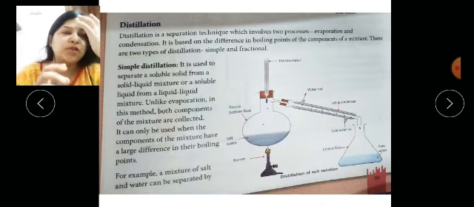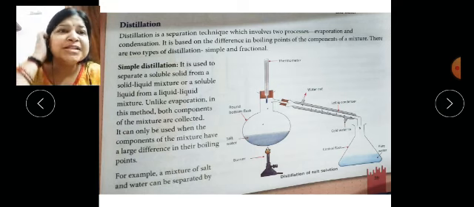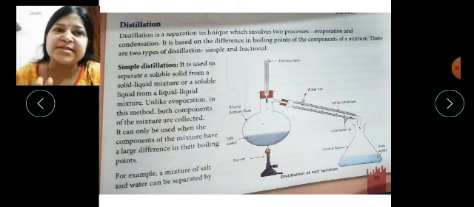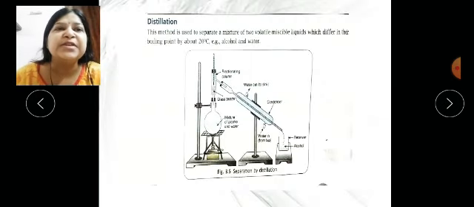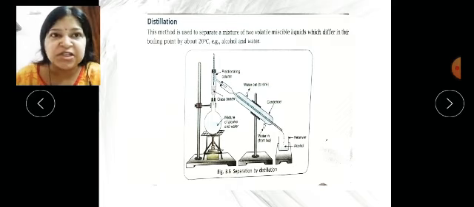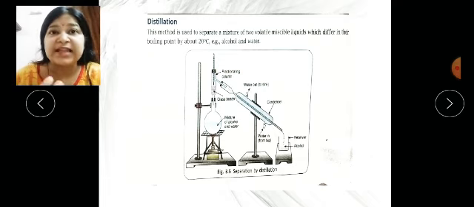Now have a look, I am showing you here. The same picture is there, but in this one the glass bead is not there, so it is not necessary. Sometimes people use glass beads, sometimes not. What is the use of these glass beads? When the temperature reaches approximately 70 degrees and alcohol starts evaporating, sometimes water vapor content can come too.